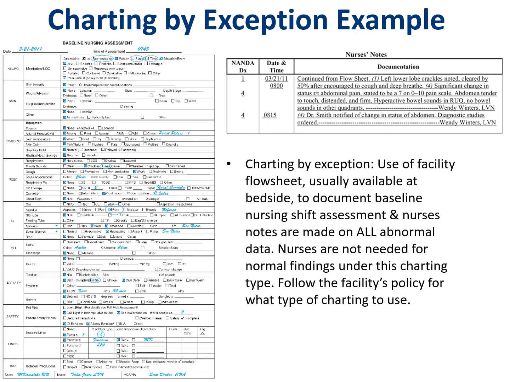With charting by exception, you need to use your facility flow sheet, like this picture I have right here. See all the check boxes? And so you would document your baseline nursing shift assessment, and you would take note of anything abnormal on this flow sheet and make a nurse's note about it.